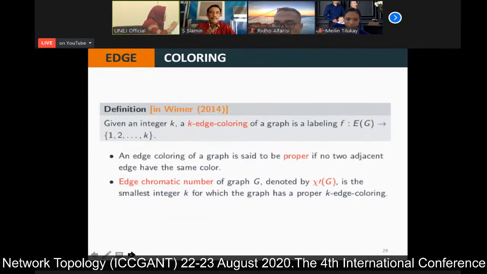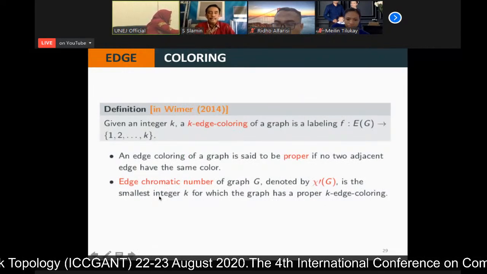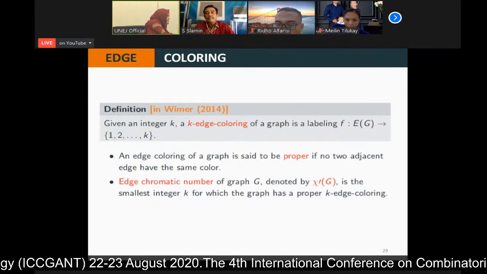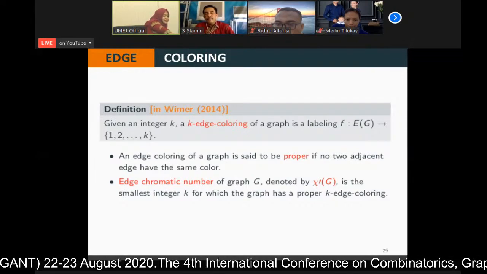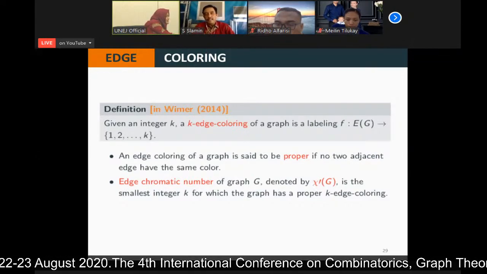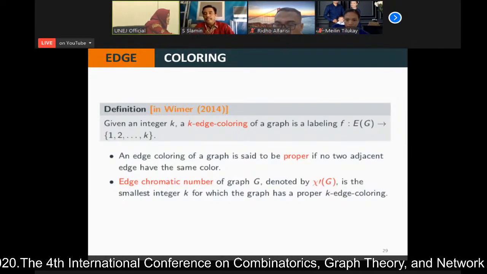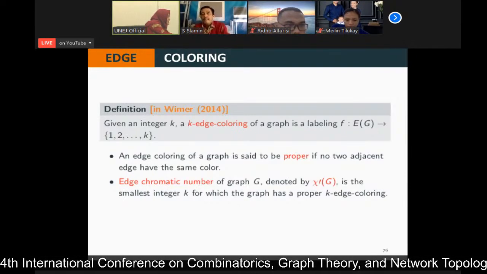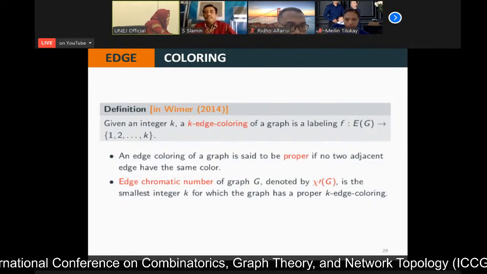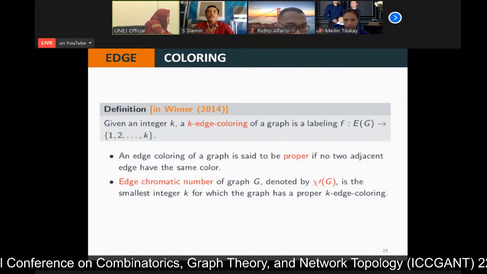Okay. In Wimmer 2014, they give some version of the definition. Given an integer k, a k-edge coloring of G is a labeling f from the edges of G to 1 up to k.